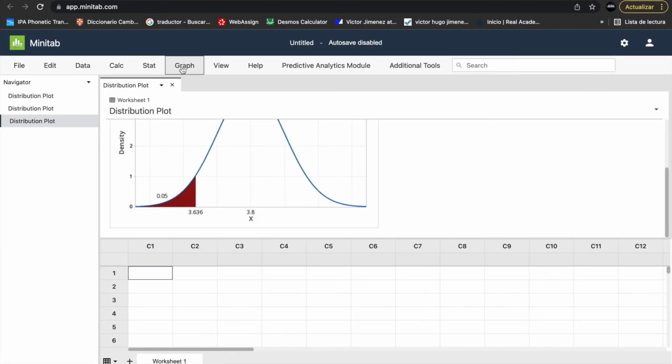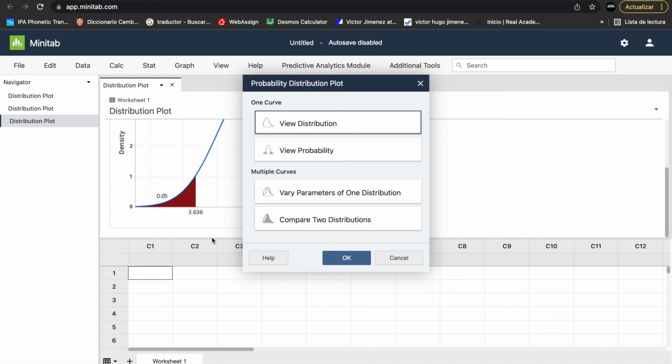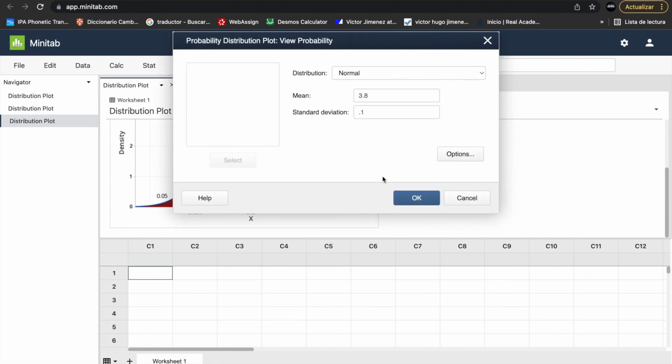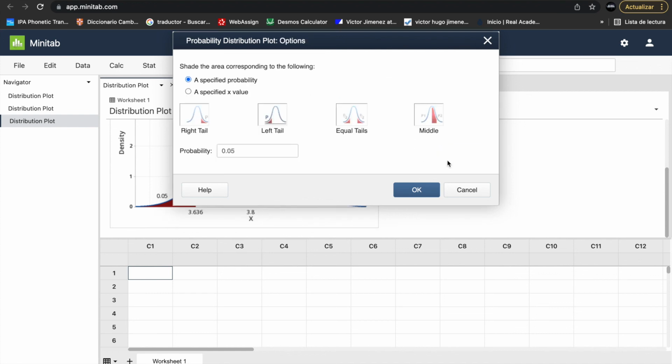Again, go to Graph, Probability Distribution Plot, View Probability, OK. In the mean, you will put 0.179, and for the standard deviation, 0.012127. Options.